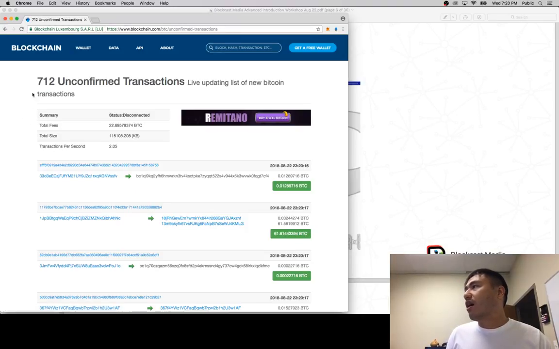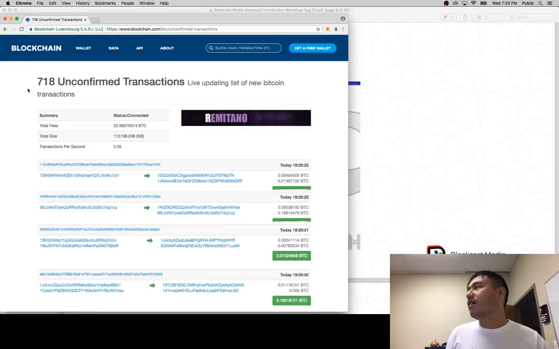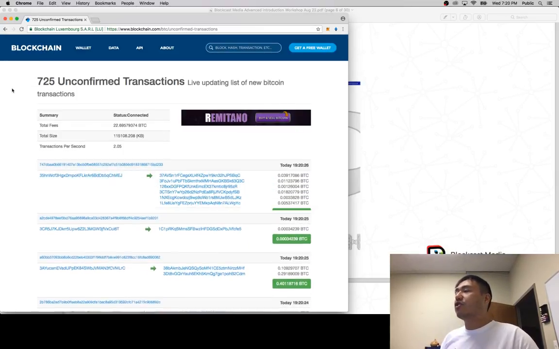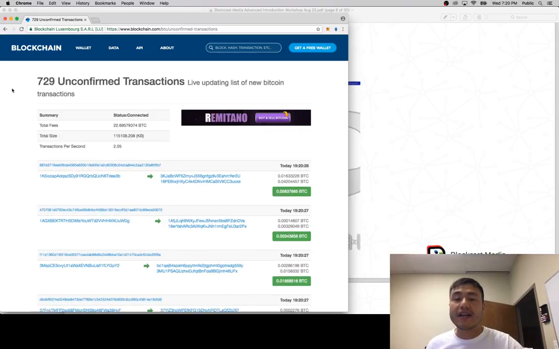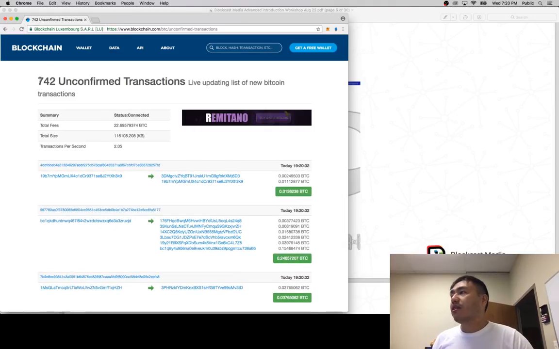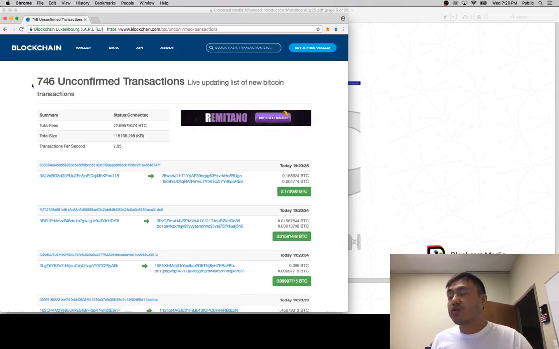So blockchain.com has a great site that tells you how many unconfirmed transactions are waiting in the pool to get put into the next block. About 740 something transactions right now.